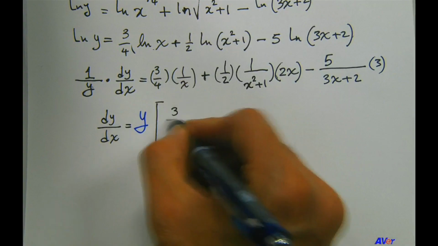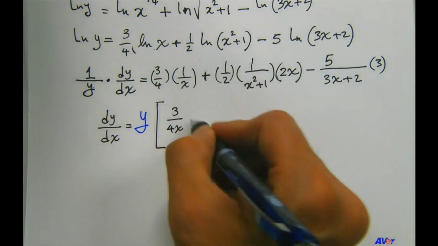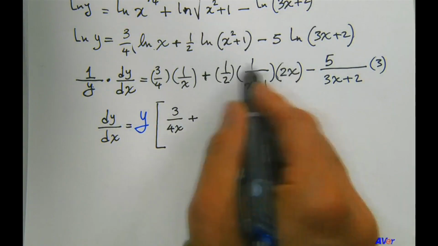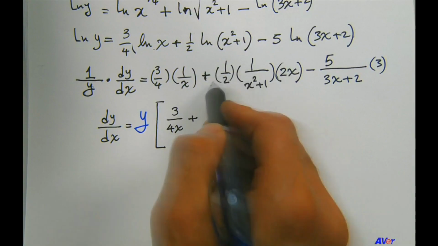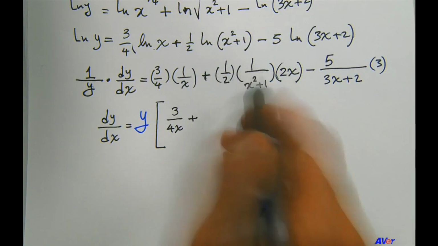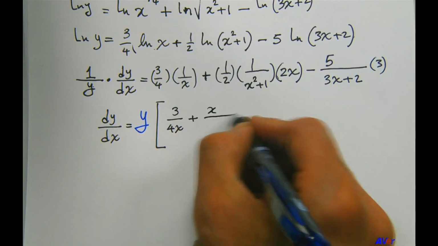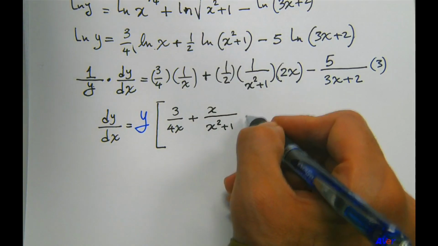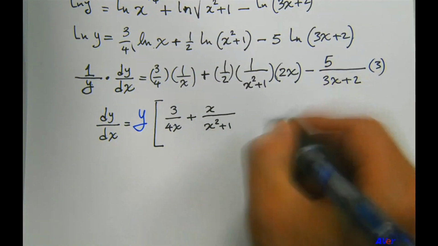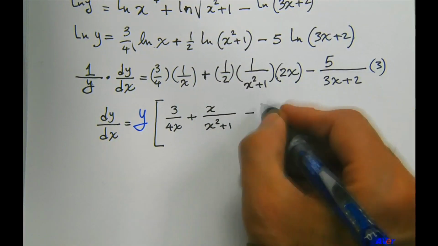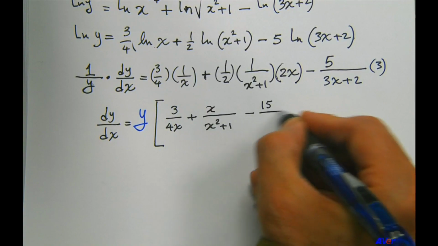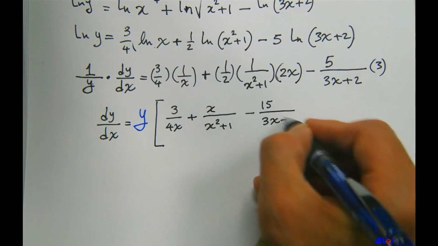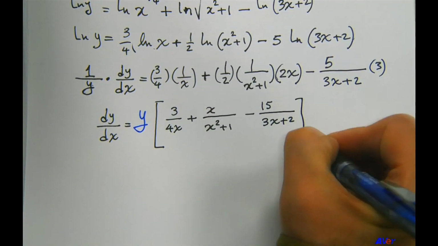So 3 over 4x plus 2x, actually, right? The 2 and the 2 cancel out. We end up with x over x squared plus 1 minus 5 times 3 is 15 divided by 3x plus 2. Like that.